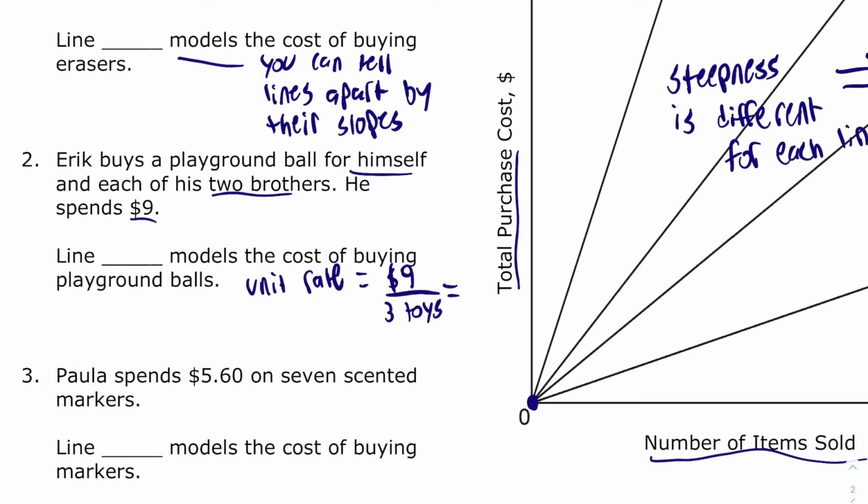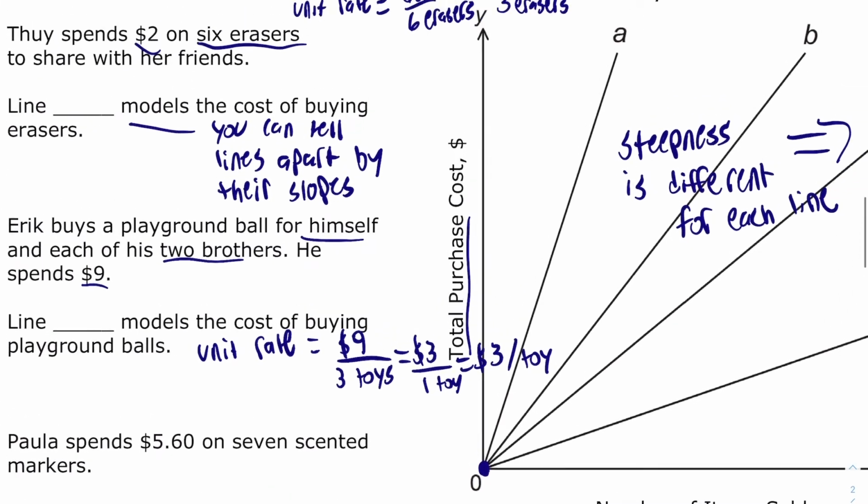So that'll be on the denominator. 9 divided by 3 is $3 on the top divided by 1 toy. That's how that fraction reduces down. So this unit rate is $3 for every toy.